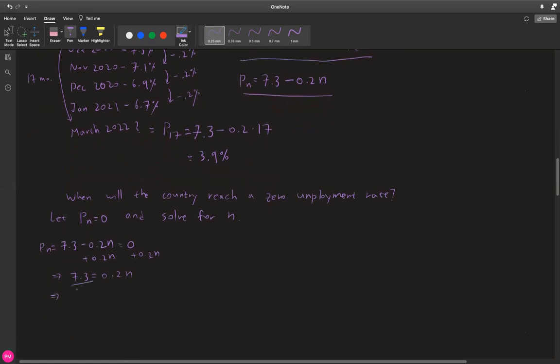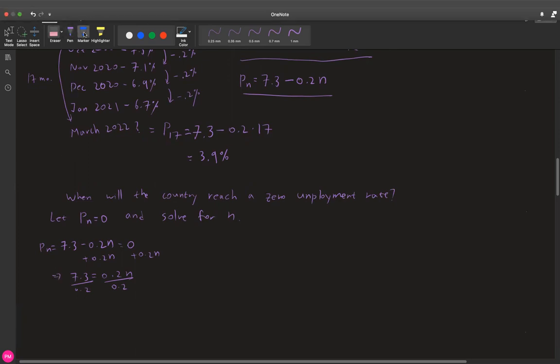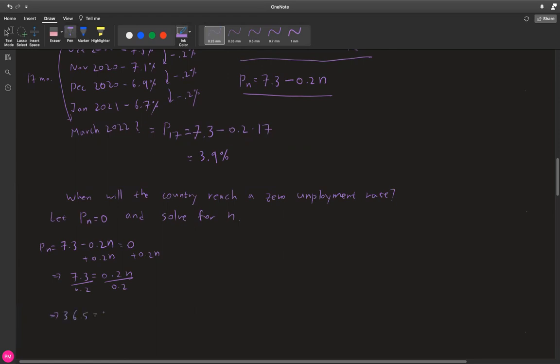By dividing by 0.2 on both sides, you will end up with 36.5 equals n. So n here equals 36.5.